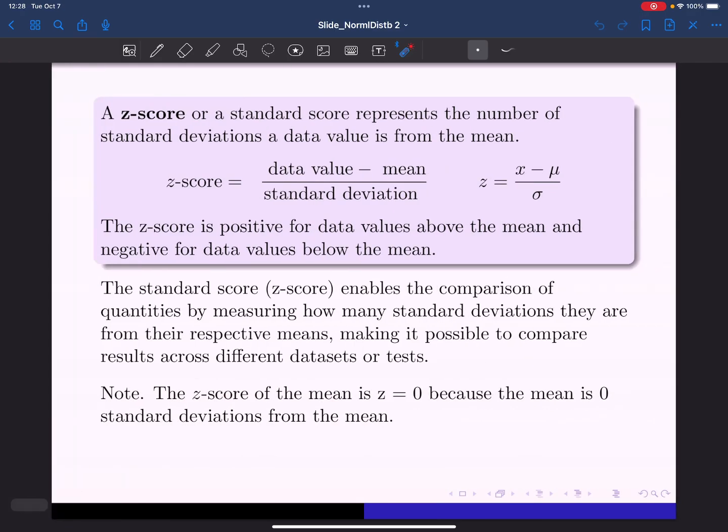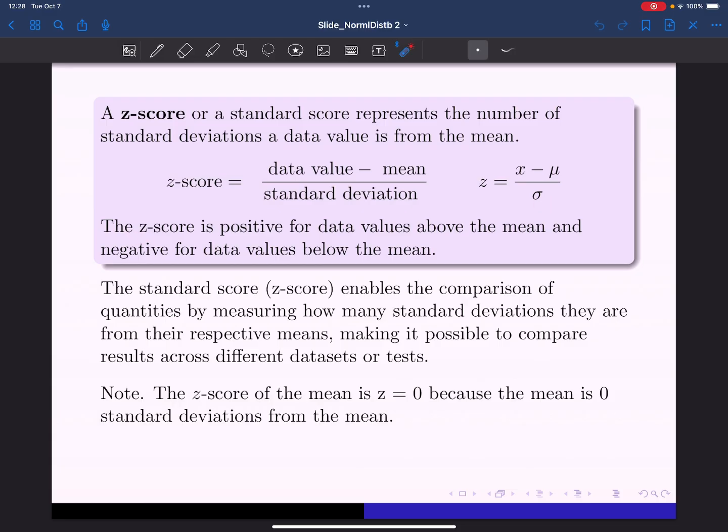So let's look at the definition. A z-score or a standard score represents the number of standard deviations a data value is from the mean. To calculate the z-score, we use the data value minus the average, divided by the standard deviation. So the z-score is equal to my data value, which we call x, minus the mean, which we call mu, divided by the standard deviation, sigma.